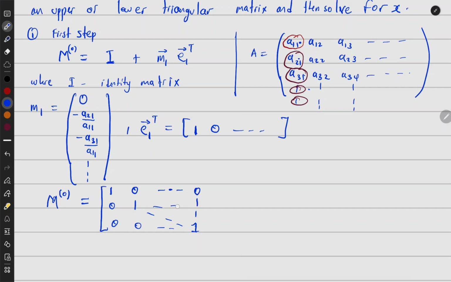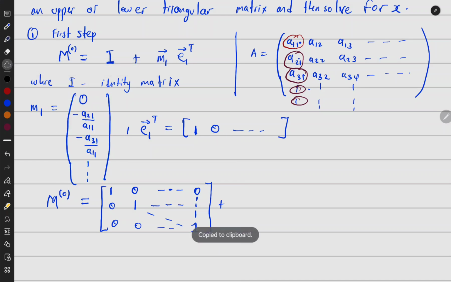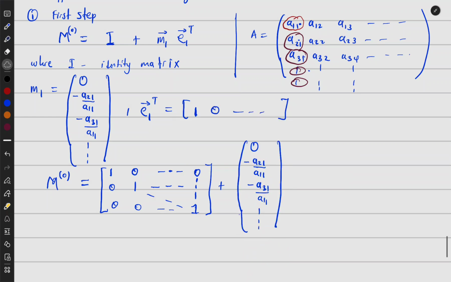These will be zeros. Like that. So this is plus this, so you get this, copy, so I have that.